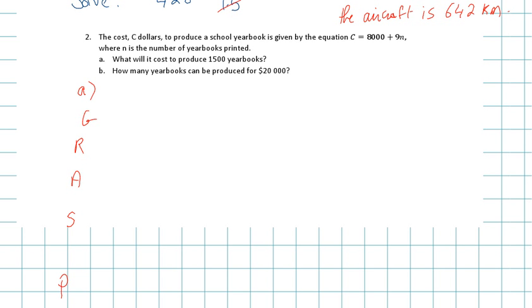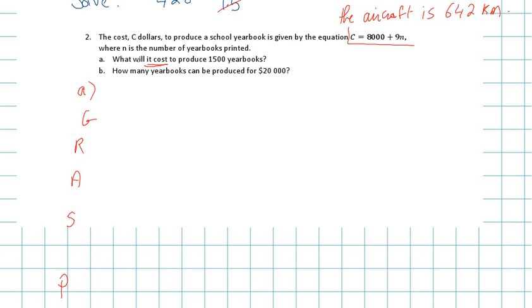What will it cost to produce 1,500 yearbooks? What do I know? Yeah, so it's $8,000 for C is what you're starting with for money, right? No, C is 8,000 plus 9n, right? This is the equation. To find out how much money there is? Yeah, this is your whole equation.